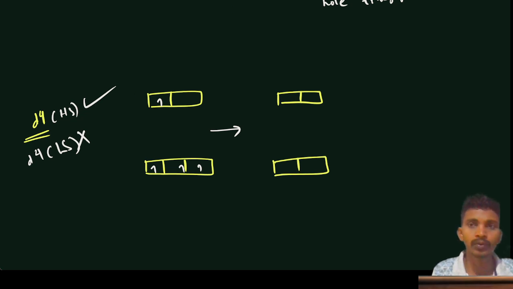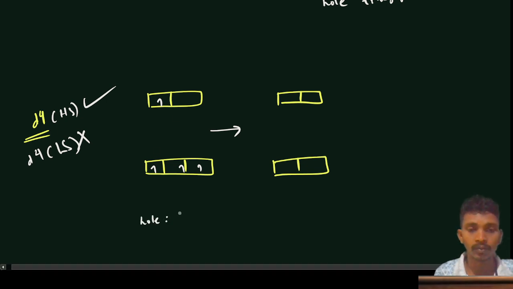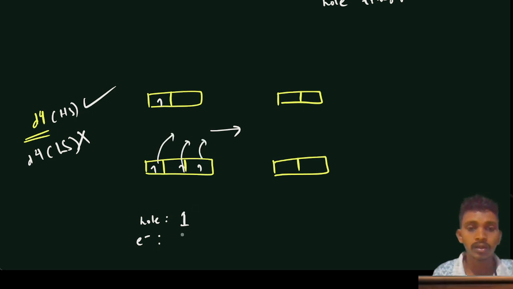Here we see whether I will do the transitions according to holes or electrons. Here it is hole transitions. According to the hole, only one transition is possible, and according to electrons, this also I can do, this also I can do, so 3 transitions are possible. So I will talk according to hole transitions.